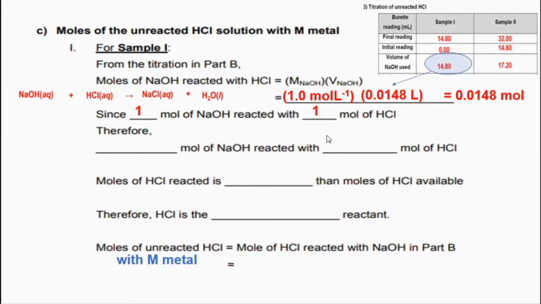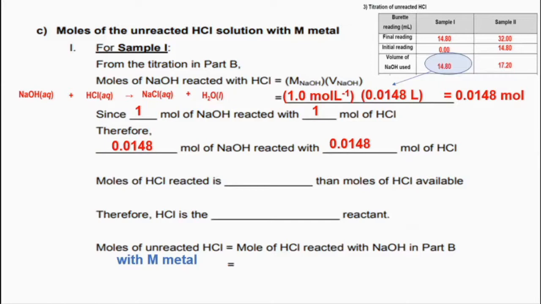So therefore, if we have 0.0148 moles of sodium hydroxide, these moles of sodium hydroxide should have reacted with 0.0148 moles of HCl.